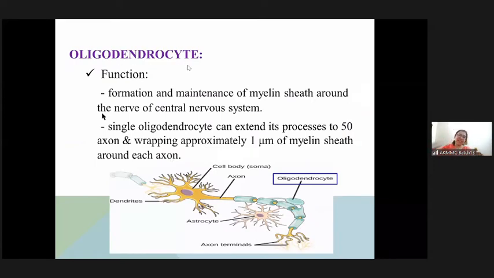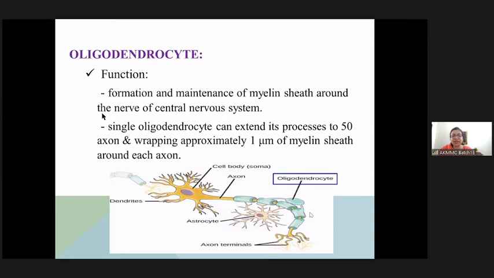Next supporting cell is oligodendrocyte. It will form myelin sheath around the neuron in the central nervous system. Myelin sheath.